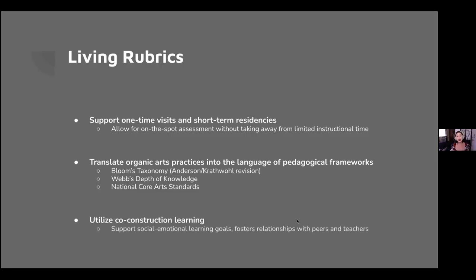I did not walk in with a rubric for you today or any idea what we'd be writing a song about. You were an equal participant in creating these ideas and deciding what this rubric should be, which of course supports all of our social emotional learning goals and fosters some really great relationships between you as a teaching artist and the people you're instructing and between peers.